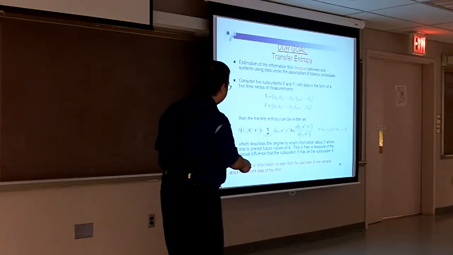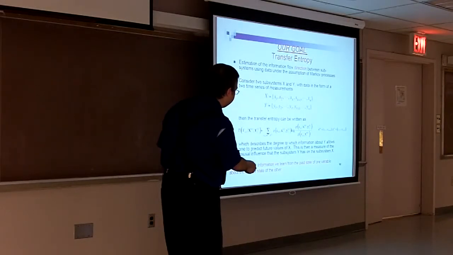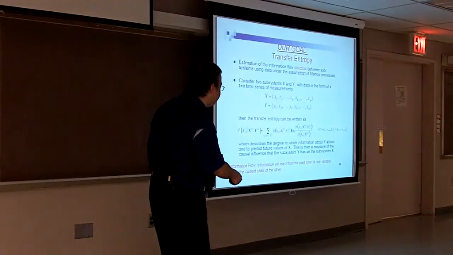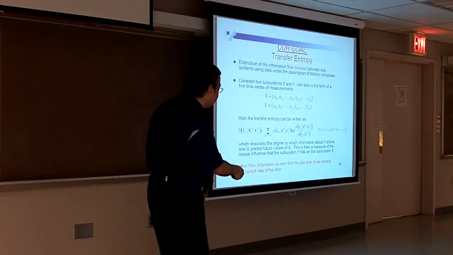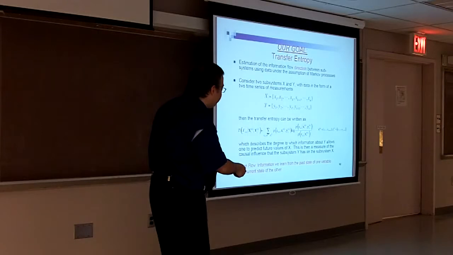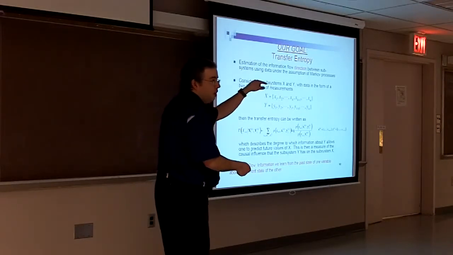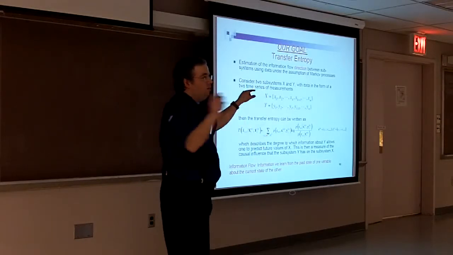So this Kullback-Leibler divergence tells us the information that we learn from the past state of one variable about the current state of the other. So we learn the future value of x from the past values of y. Is this clear to everybody? So we're learning the future value of one variable by using the past values of the other variable.